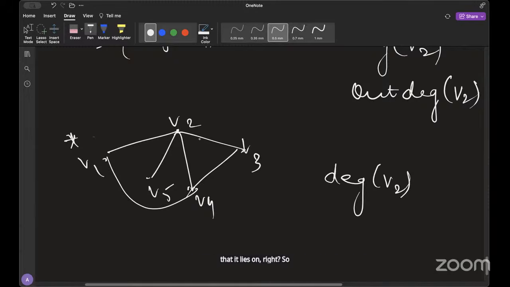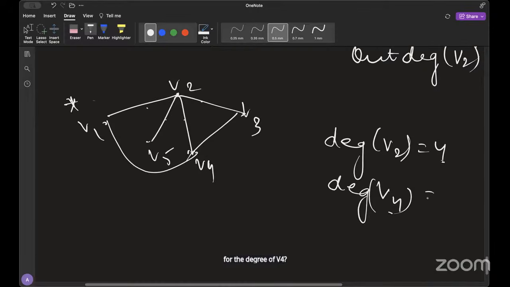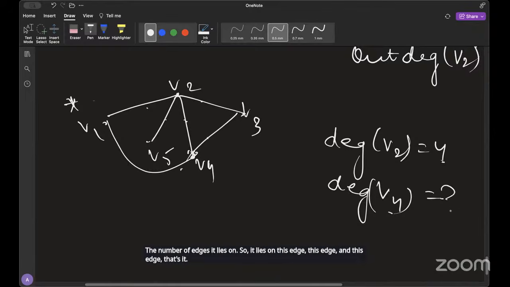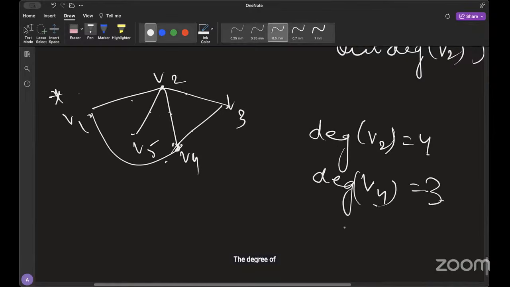So it lies on this edge, and this edge, and this edge. That means it lies on 4, so the degree of V2 is 4. Similarly, what's the degree of V4? The number of edges it lies on. It lies on this edge, and this edge, and so the degree of V4 is 3.